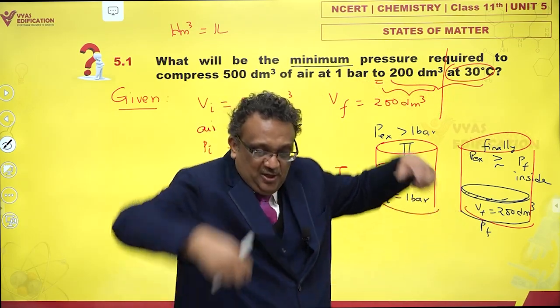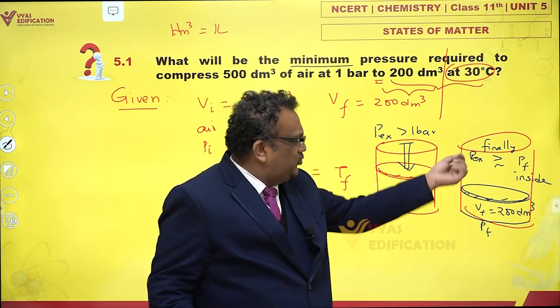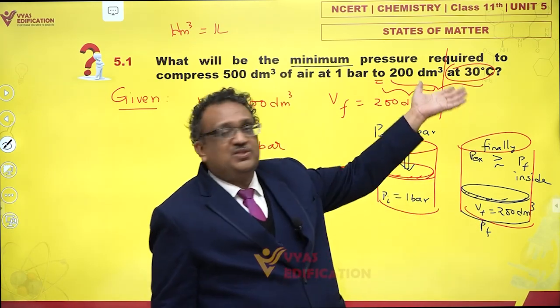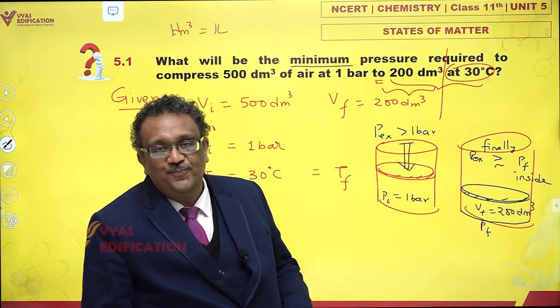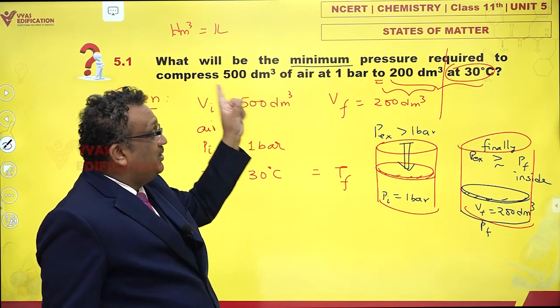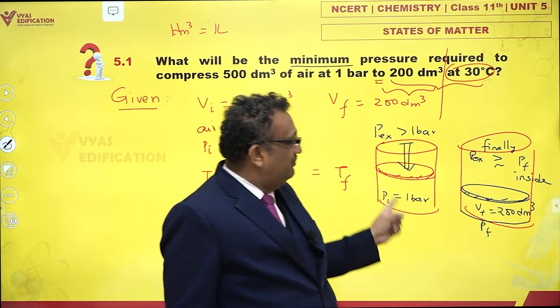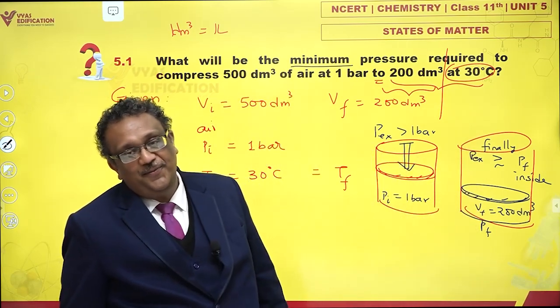Whatever is the pressure inside, you are compressing it, so outside pressure has to be more. Minimum, it has to be equal, but it can't be less. Otherwise, the piston will move up and it will start expanding instead of contracting, right? Fine. So what I understand by this minimum pressure is that it is nothing but at least the final pressure which is going to be there.